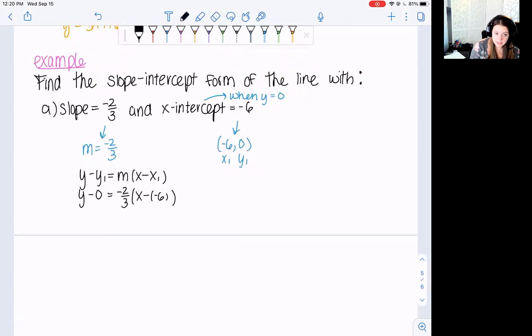They want the answer in slope-intercept form, so I'm going to continue simplifying this. We have y equals negative 2/3 times x plus 6. We're going to distribute. Then we get y equals negative 2/3 x, and then 2/3 times 6, you could do that in your calculator. That's going to be minus 4.